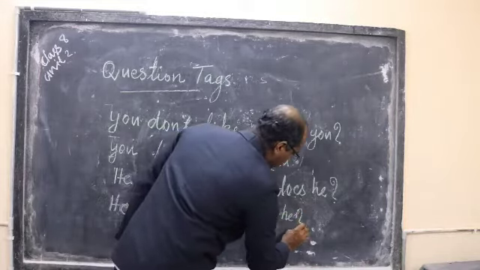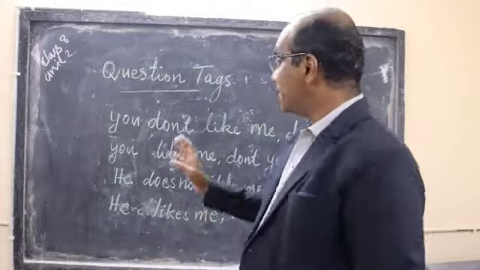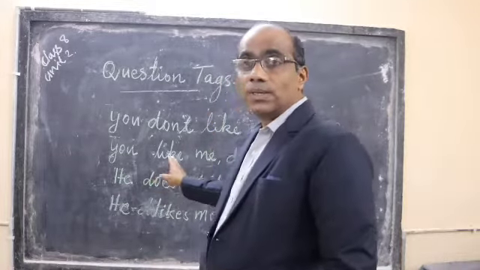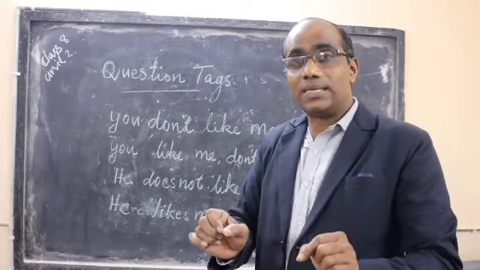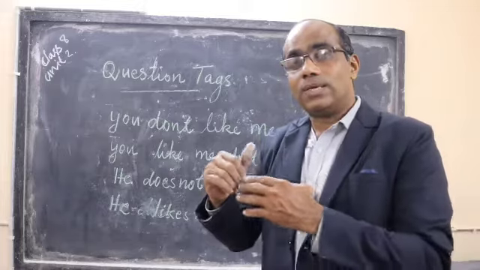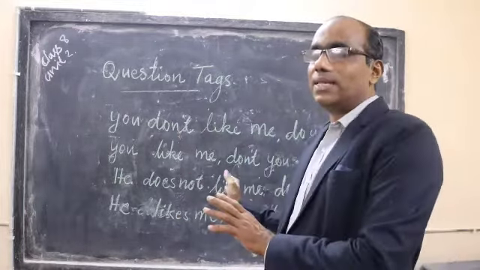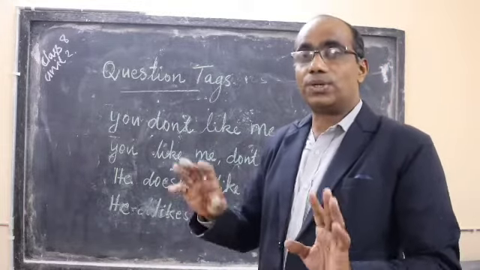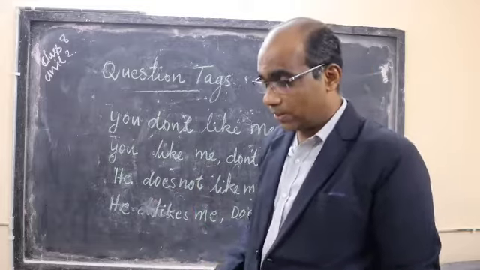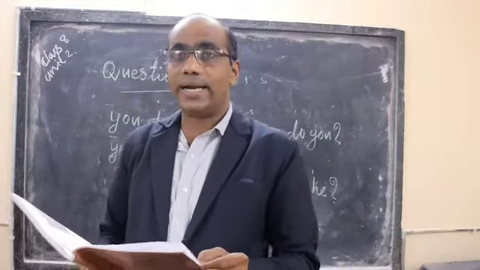See, doesn't he? So my dear students, please remember the rule. Suppose the statement is positive, the question tag will be negative. Suppose the statement is negative, it is positive. Negative, positive, negative, positive. That you must remember.